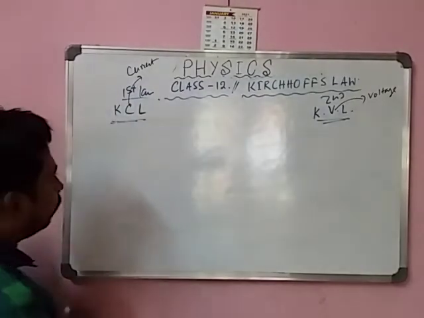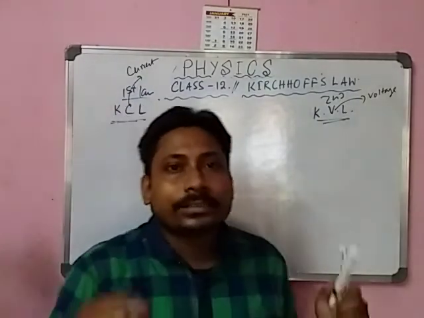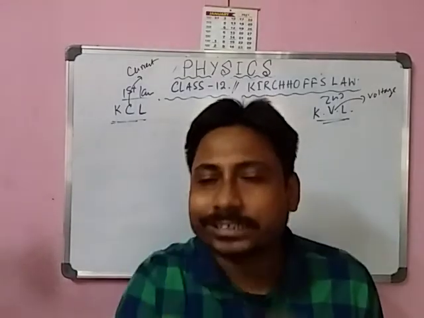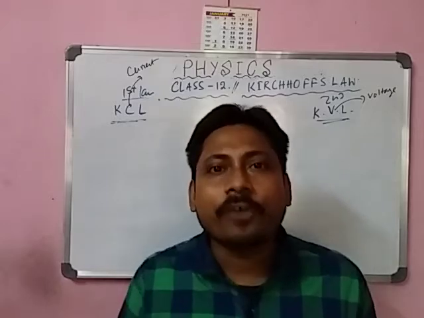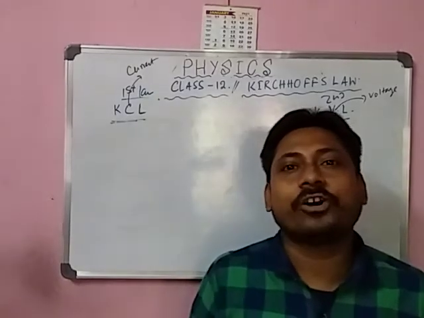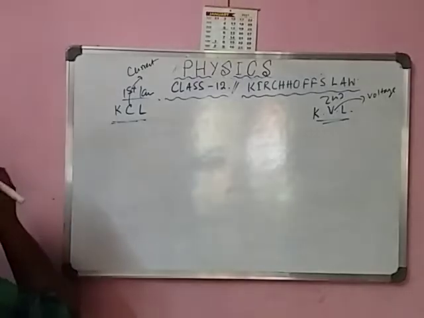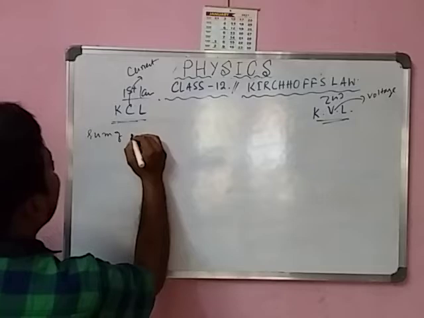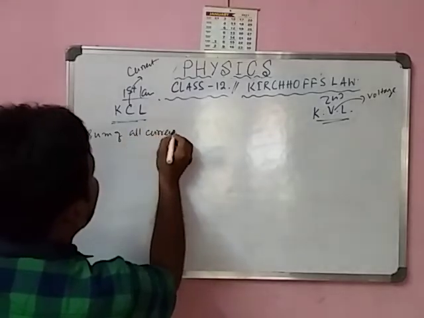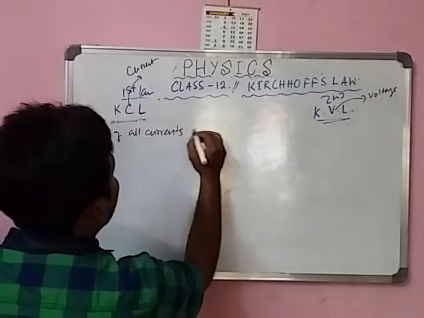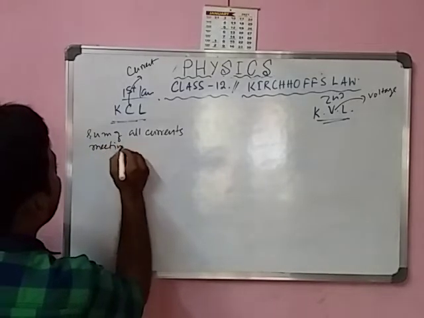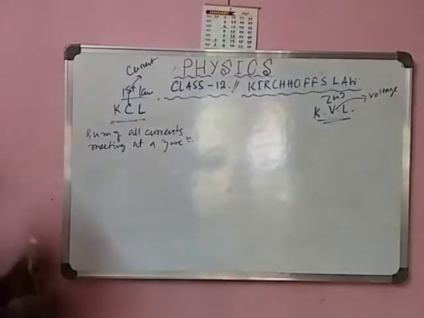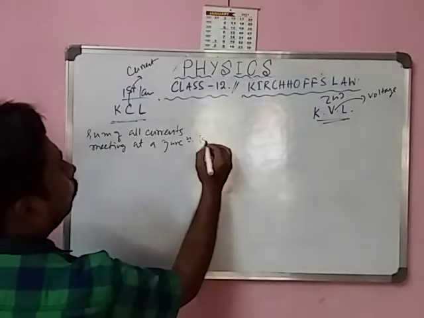Now what is Kirchhoff's first law? KCL means, write in your copy, the sum of all currents meeting at a junction is equal to 0.